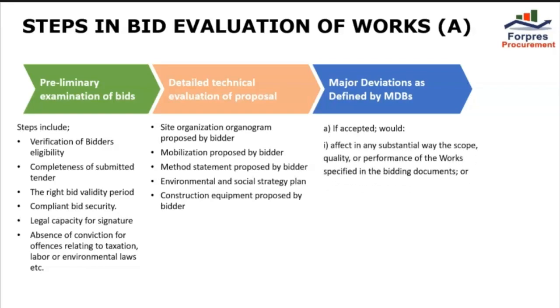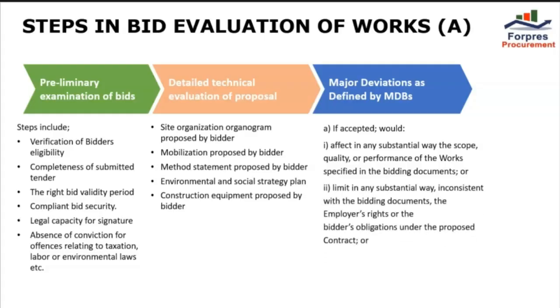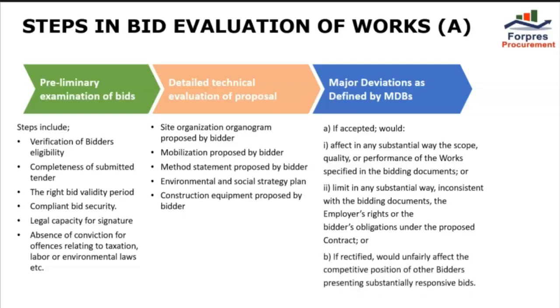Affect in any substantial way the scope, the quality, or performance of the works specified in the bidding documents, or 2. Limit in any substantial way, inconsistent with the bidding document, the employer's rights or the bidder's obligations under the proposed contract, or B, if rectified, would unfairly affect the competitive position of other bidders presenting substantially responsive bids.